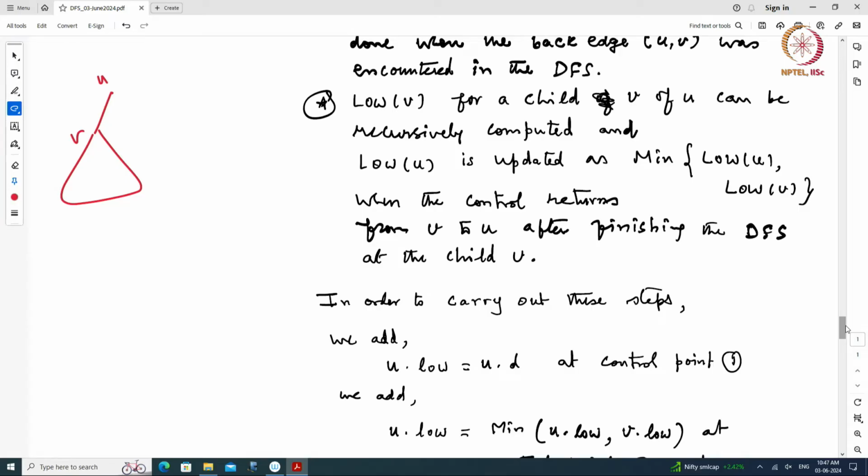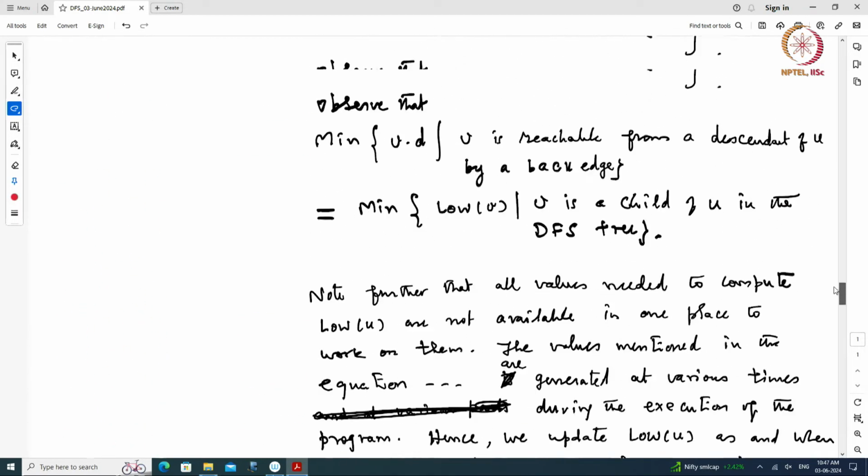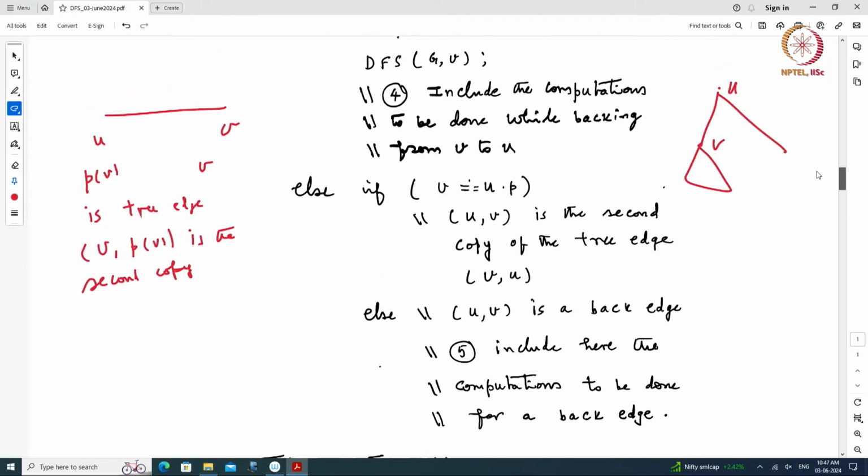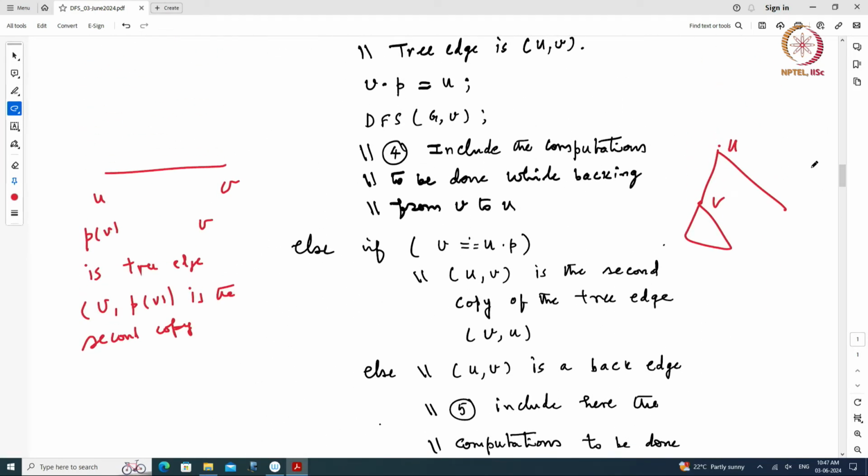Now, when you backtrack from a vertex v, you have to update low of u. So, look at control point 4. In control point 4 we have to include the computation to be done while backing from v to u.